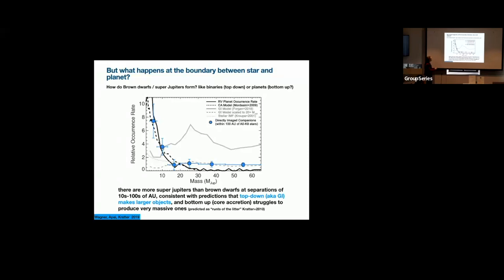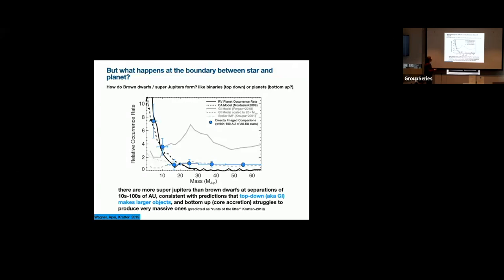And this is the relative occurrence rate, not an absolute occurrence rate. And what we can see here is that there are a lot more super Jupiters, basically Jupiter mass objects, at these close separations than brown dwarfs.